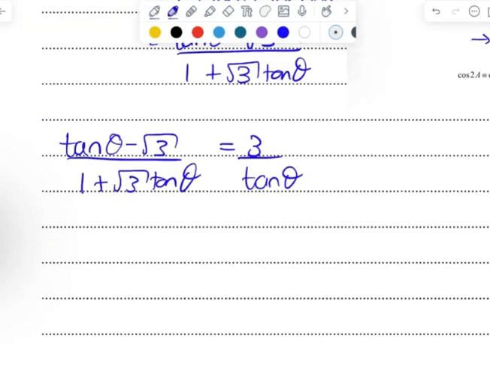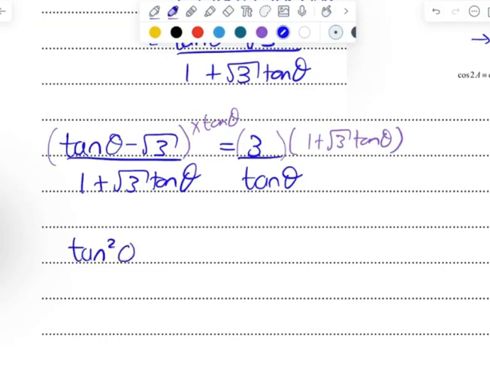All right, so I'm now going to cross multiply. So this side gets multiplied by tan theta, and then this side is going to be multiplied by 1 plus √3 tan theta. You don't need to write in the purple bits that I just wrote. I just want to show you my thinking. So this is going to be tan squared theta minus √3 tan theta, and that's equal to 3.